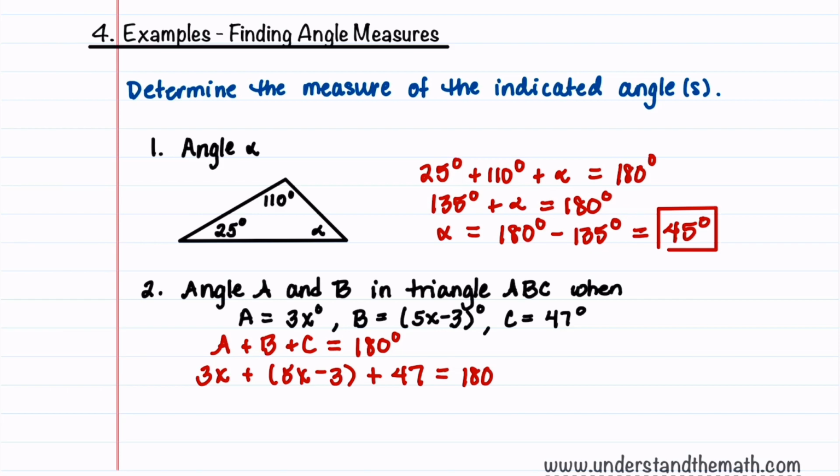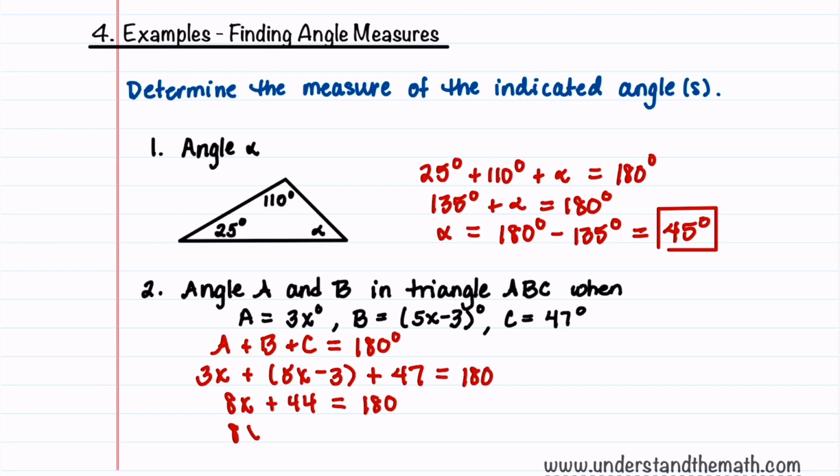Let's combine the variables and the numbers on the left-hand side. So 3x plus 5x is 8x, and then 47 minus 3 is 44. And on the right-hand side, we have 180. We want to solve for x, so we'll subtract 44 from each side of the equation.